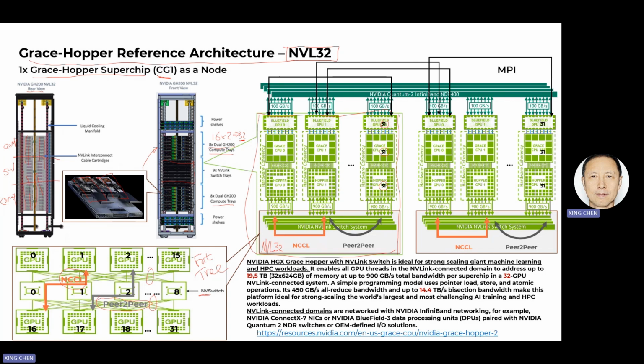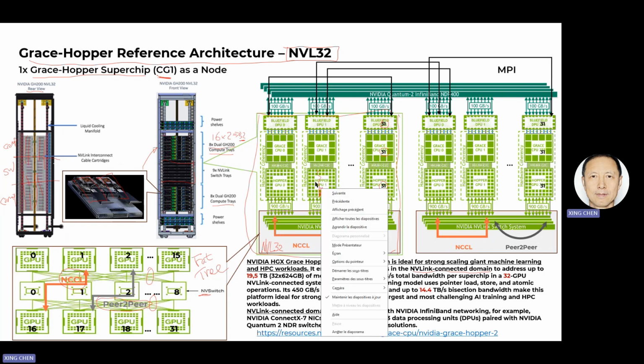The reason to have the NVL32 is that it can be fitted into a rack. Okay, let's have a look at this one. So this NVL32 enables all GPU threads in the NVLink connected domain. So you are going to have lots of threads. For example, we take one thread as an example.